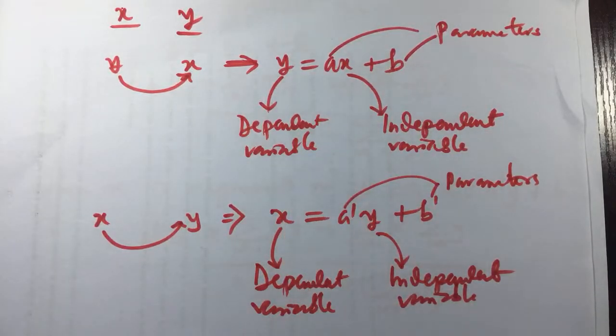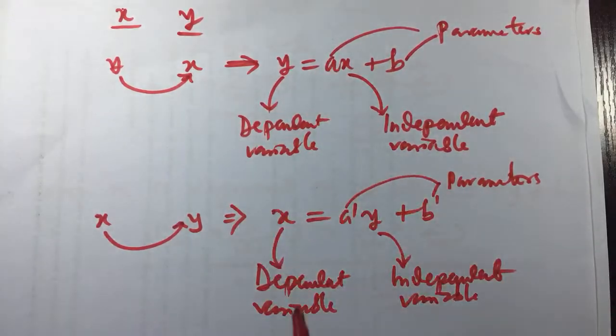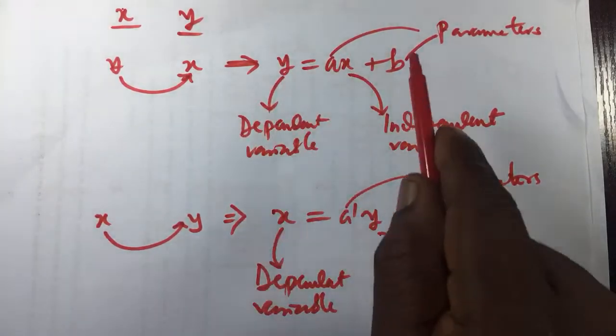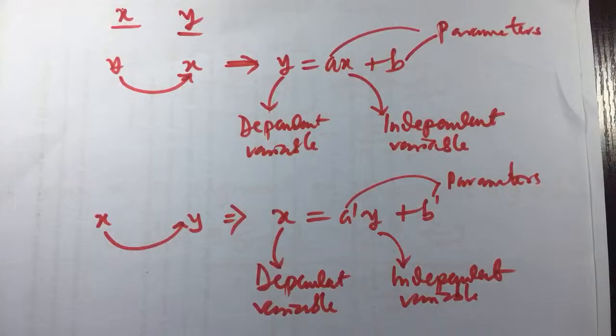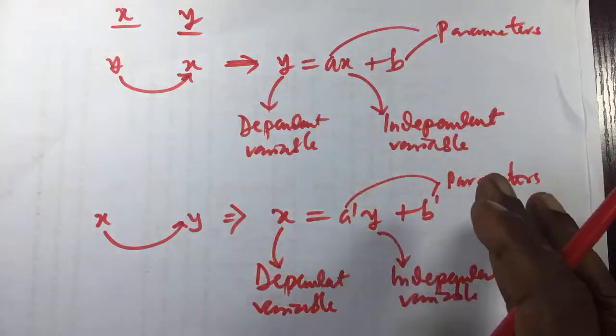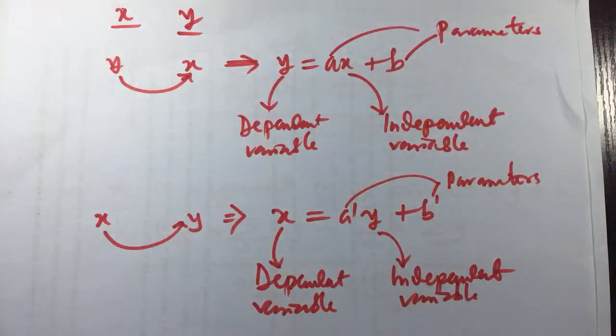So the question was, what will be your a when you regress y on x, and what will be your b? What will be your a prime when you regress x on y, and what will be your b prime? These were the things we discussed in that video, and thereafter we solved examples. Go over that video again and watch what we did. You will find it very, very interesting. We solved concrete examples to show how to obtain a, b, a prime, and b prime.